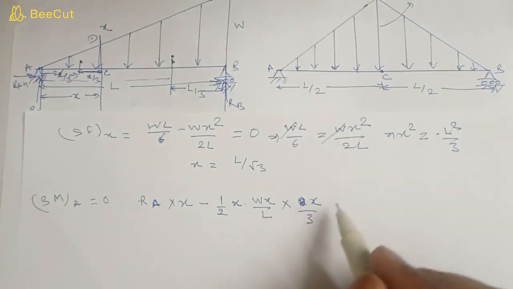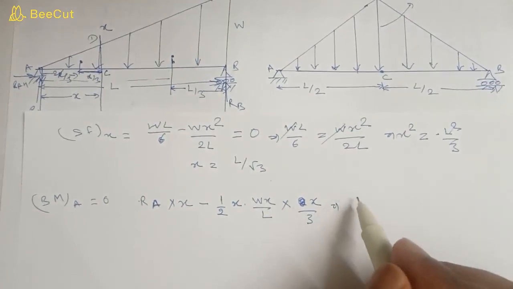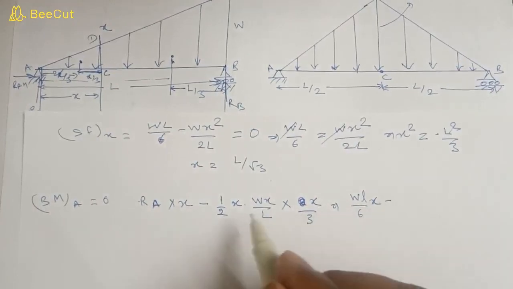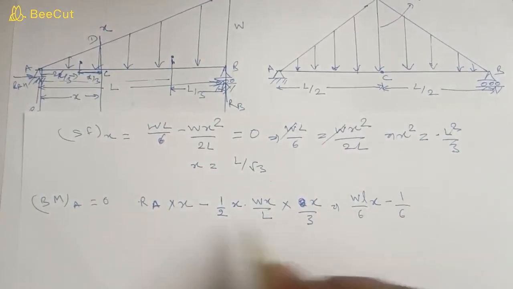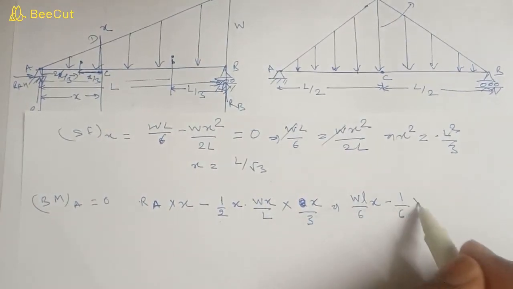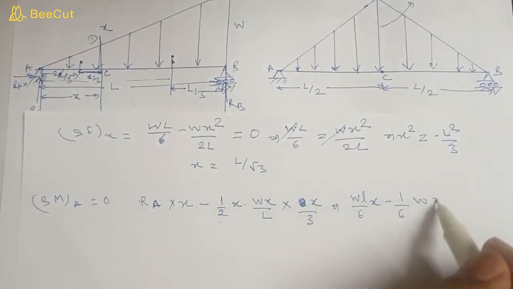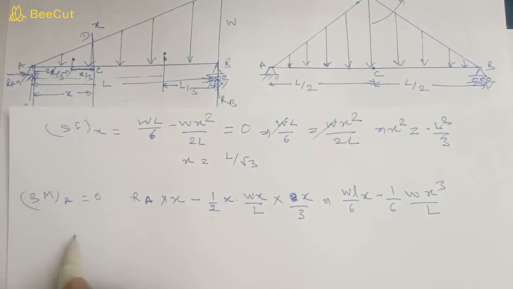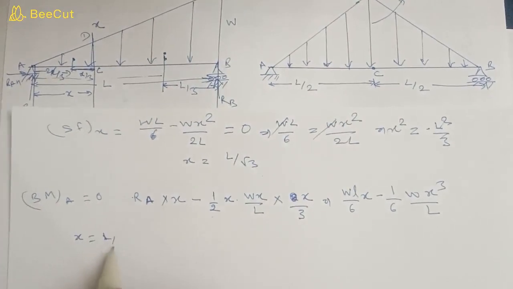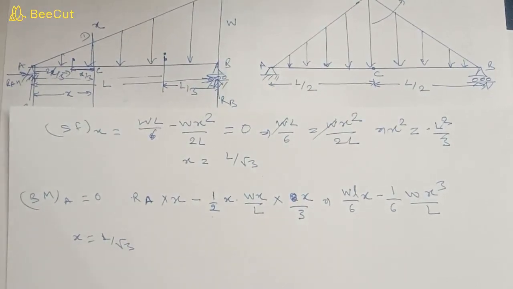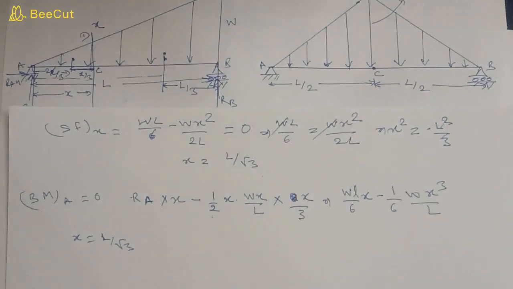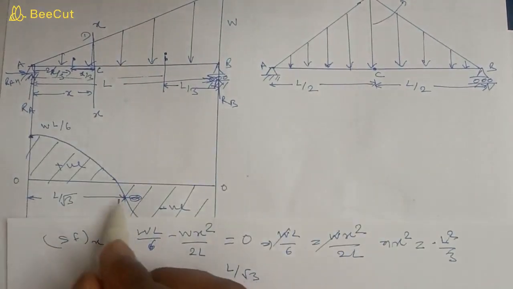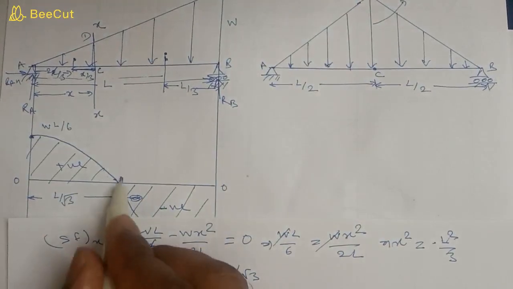Okay, so Ra is WL by 6 into x minus 1 by 6 W x cube by L. So we have to find the bending moment at x equal to L by root 3, because at this point bending moment will be maximum. As you know, at the point where shear force is 0, bending moment is maximum always.